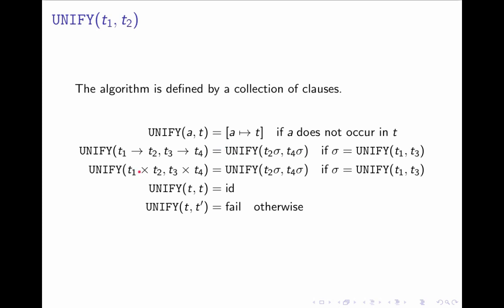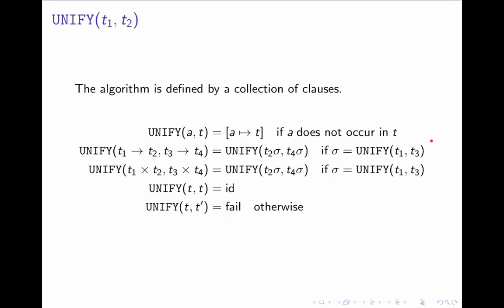We do the same with product types. We first try to unify T1 and T3, and then if that works out okay, we try to unify T2 with sigma applied and T4 with sigma applied. If we have T and T, they're easily unified by the identity substitution. If none of these cases apply, we cannot unify, so we fail.